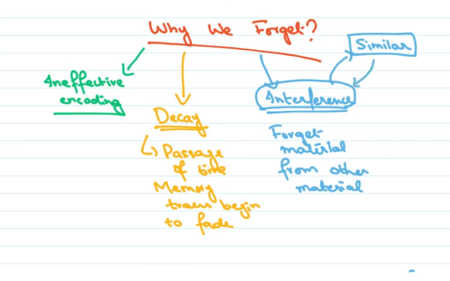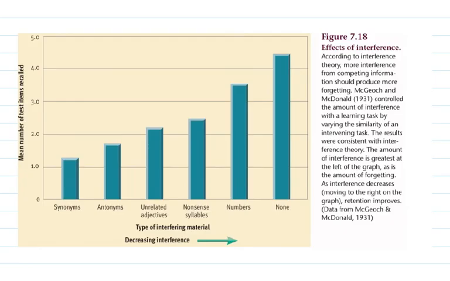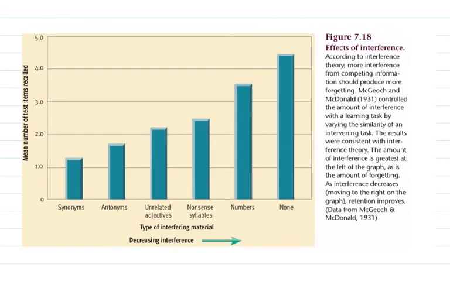So let me show you a diagram which will help you understand this better. What you see here is that these researchers had participants learn some words. After having learned these words, they gave them synonyms of the same words.